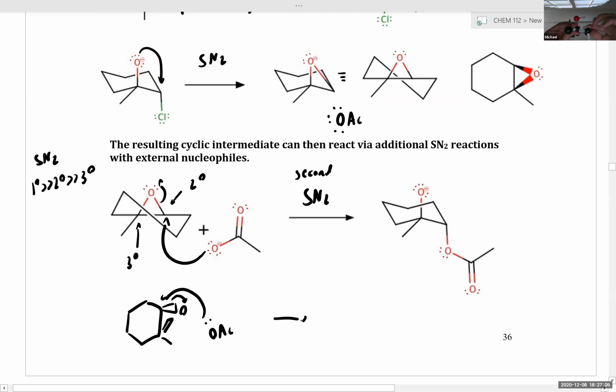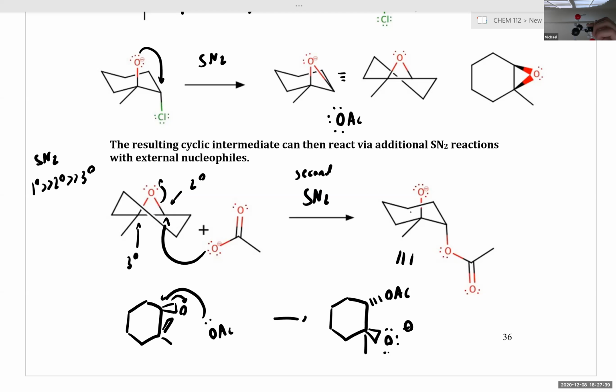As we see now, we have a chair conformation where both the oxygen from our epoxide and our nucleophile are trans or anti to each other. This occurs because the SN2 reaction occurs with inversion of stereochemistry. So in the end, we have the following intermediate, which matches this chair conformation depiction.